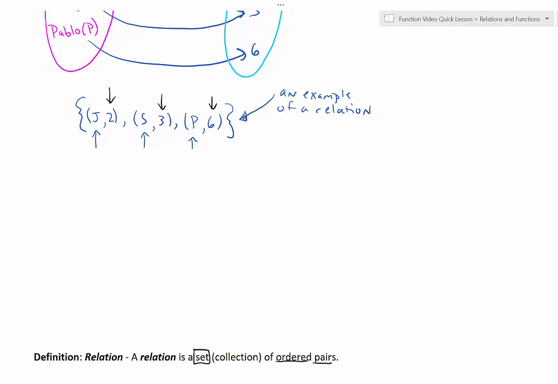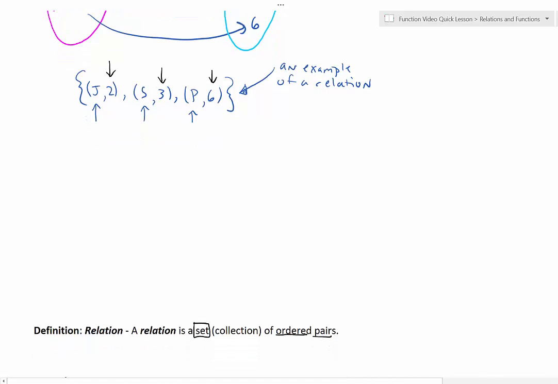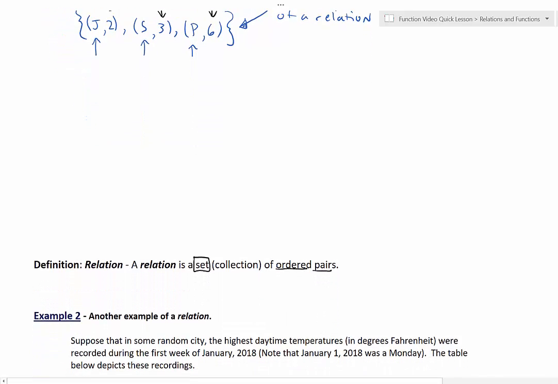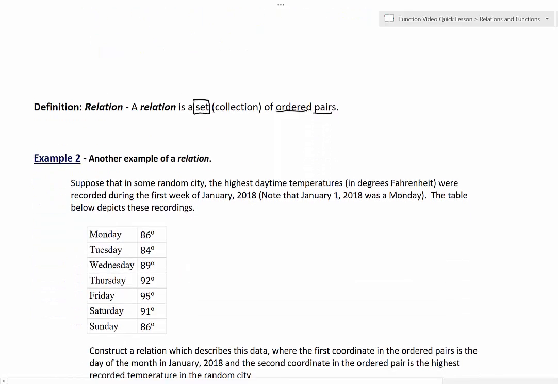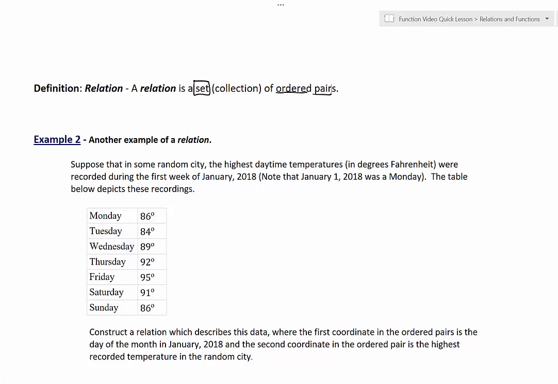To help us better understand this, we're going to look at another example. Here's an example in which somewhere randomly in some city, we have some data which records the highest daytime temperature in degrees Fahrenheit during the first week of January 2018. Take note, January 1st, 2018 was a Monday. The table below depicts all of this data.